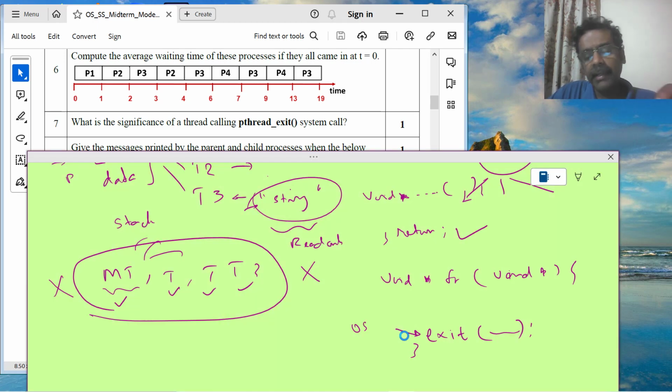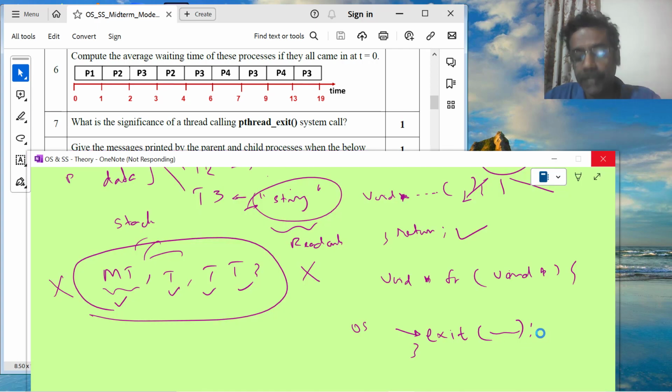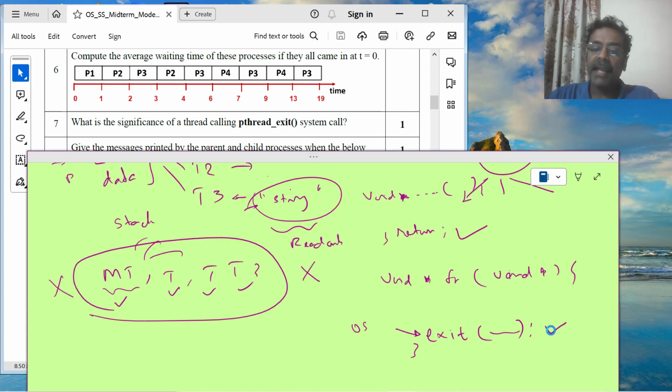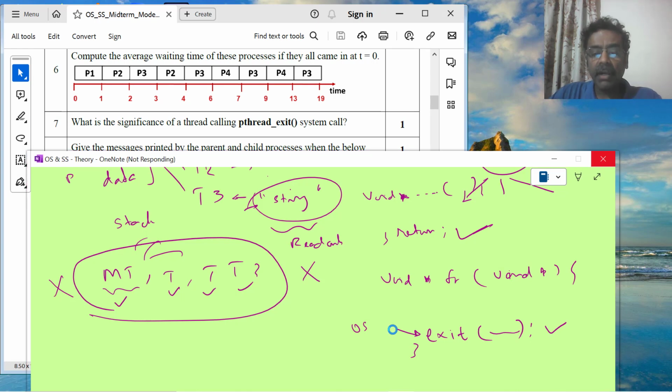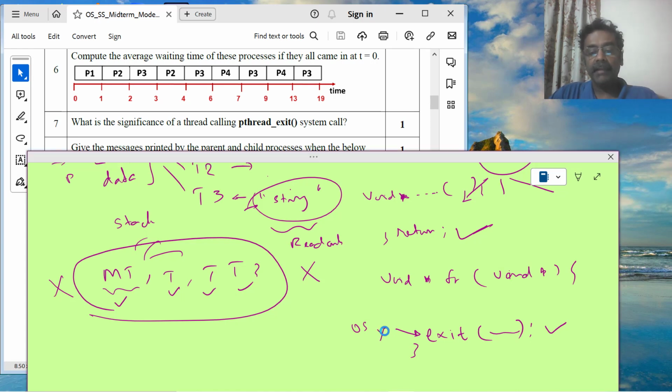When any thread function executes exit, that is also the same as a thread function returning. It is also not informing the thread library, so the entire process and all threads will be killed.